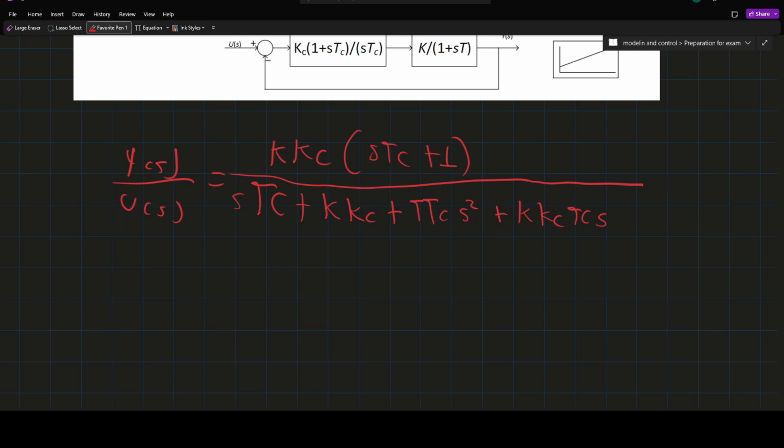Now we factor out Kc on top and in the bottom.